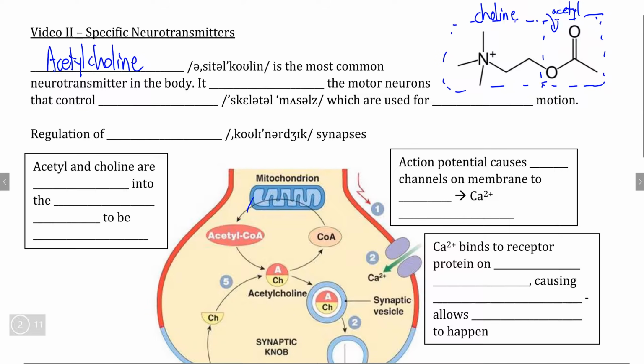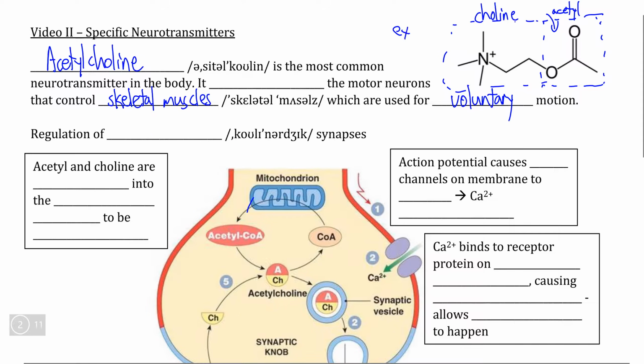Now, as the most common neurotransmitter in the body, it has the exceptionally important role of regulating the motor neurons that control the skeletal muscles in the body. This is particularly important because skeletal muscles are used in voluntary motion, which means every time you try to move your hands, feet, arms, or legs, you are using acetylcholine to mediate that motion.